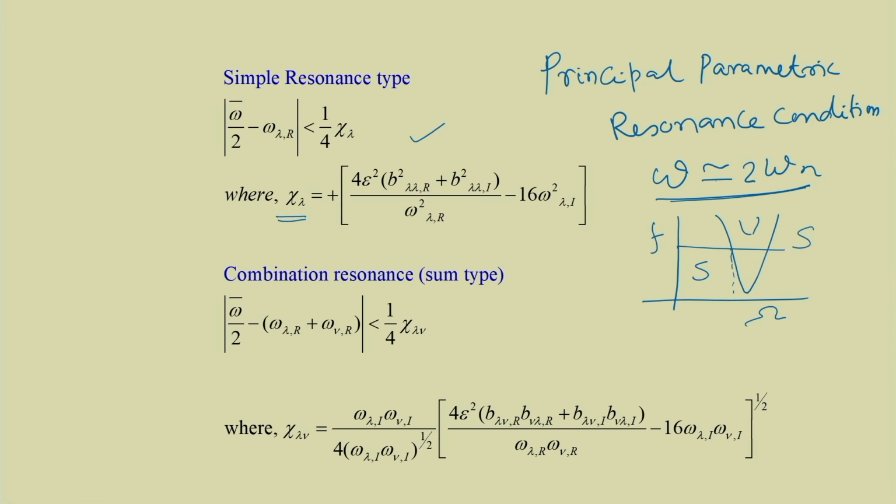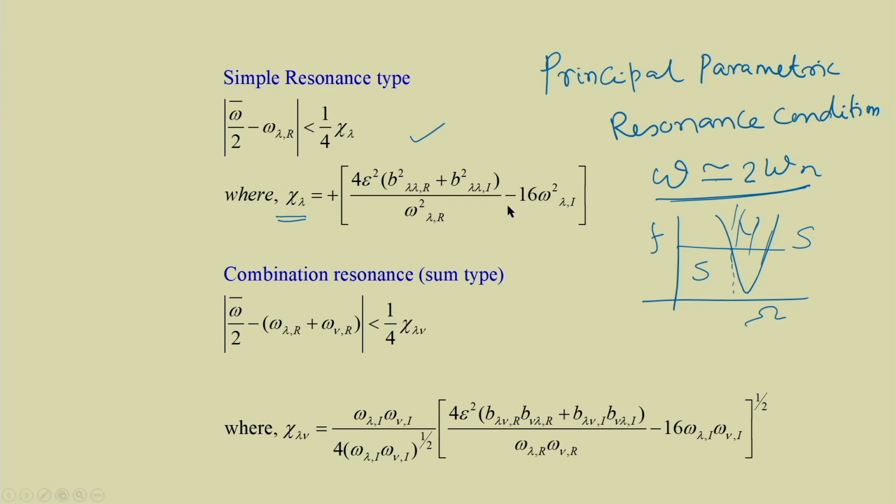If you want a vibration free system, you must operate in a zone where it is stable for both values of f, mu f and omega. If you operate in this zone, the system response becomes unstable. This is known as the parametric instability region.